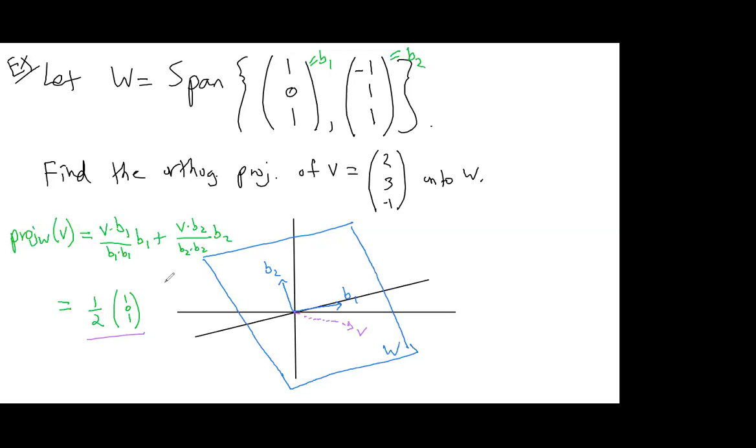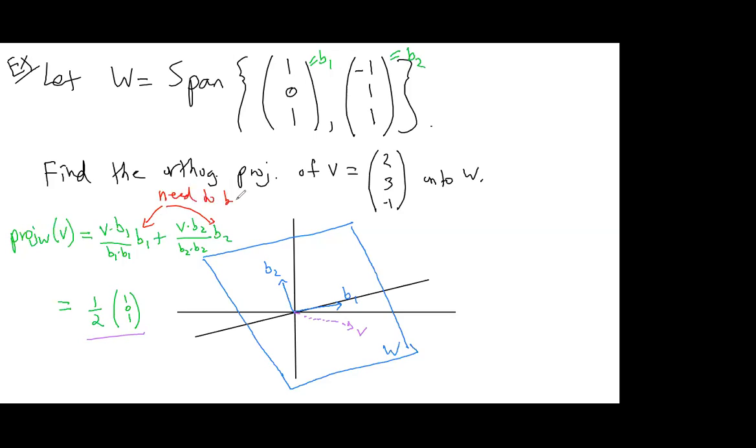This formula will work in all these cases, in particular the cases where it's not obvious what the orthogonal projection is, or you can't just set one of the coordinates to 0. One thing we need to make sure of is that B1 and B2 are actually orthogonal, because we need these to be orthogonal.